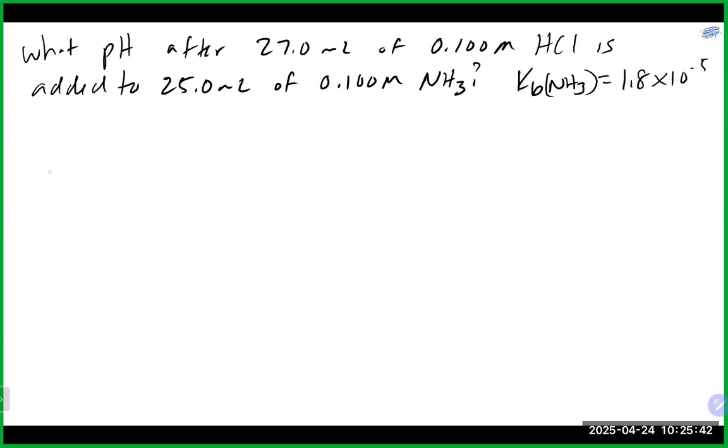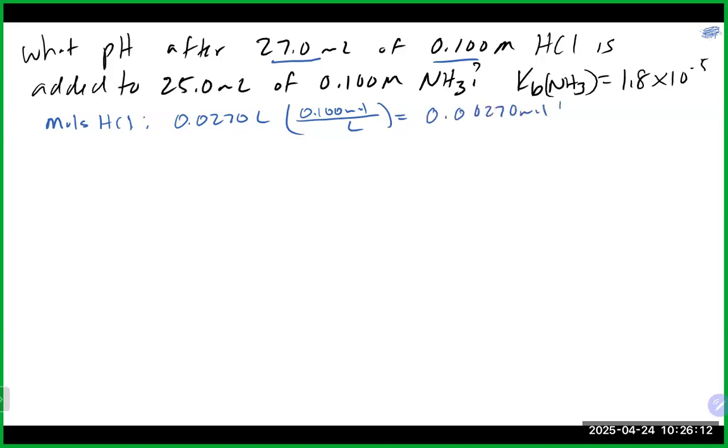So we need some moles of everybody, so might as well start with that. We'll do our moles of HCl. We want to convert our volume into liters, times the molarity, and that's going to get us 0.0027 moles of HCl.